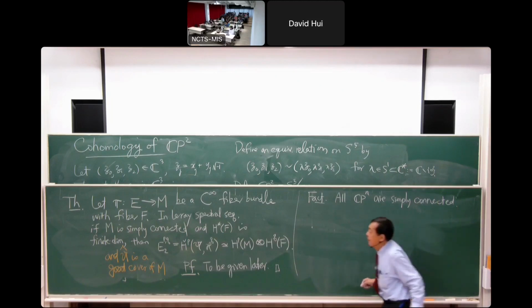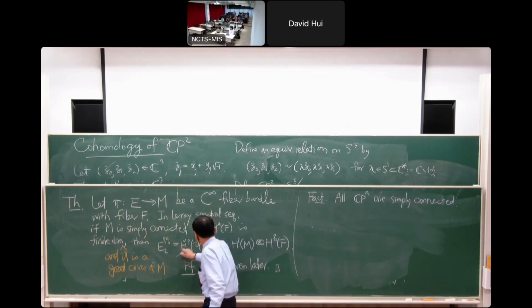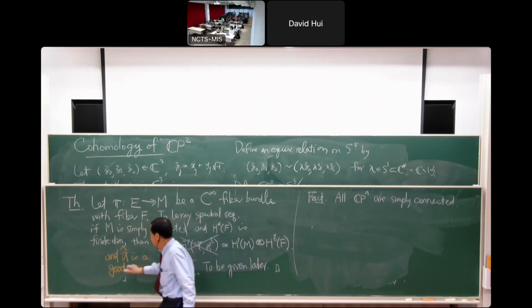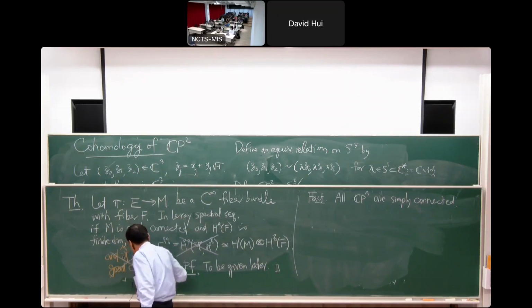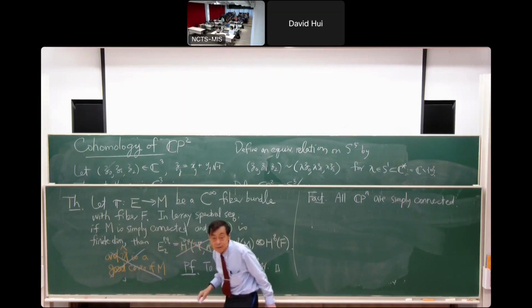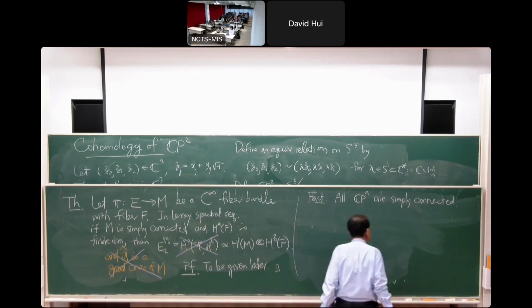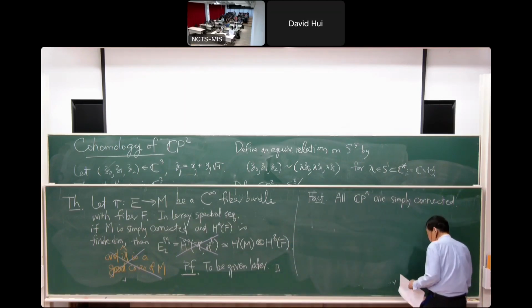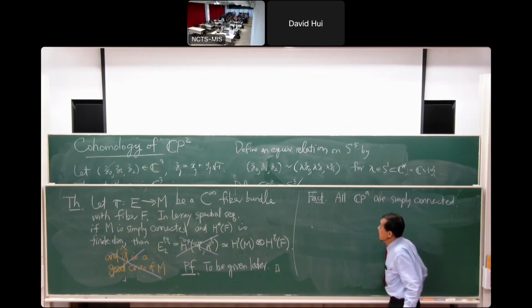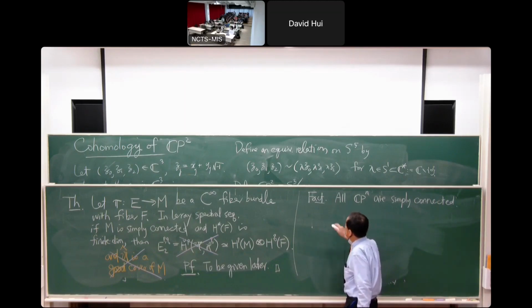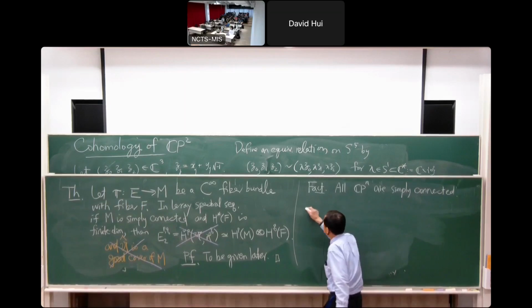So I think in the theorem, I shouldn't even mention this, and then I don't have to make any assumption on any open cover. There's no open cover in the theorem. So E2 is simply the tensor product. Let's write down E2.